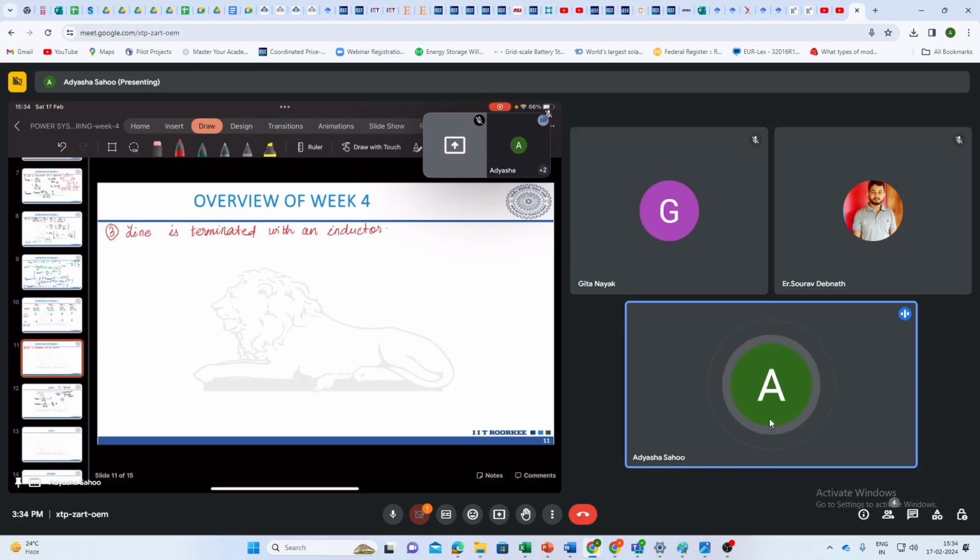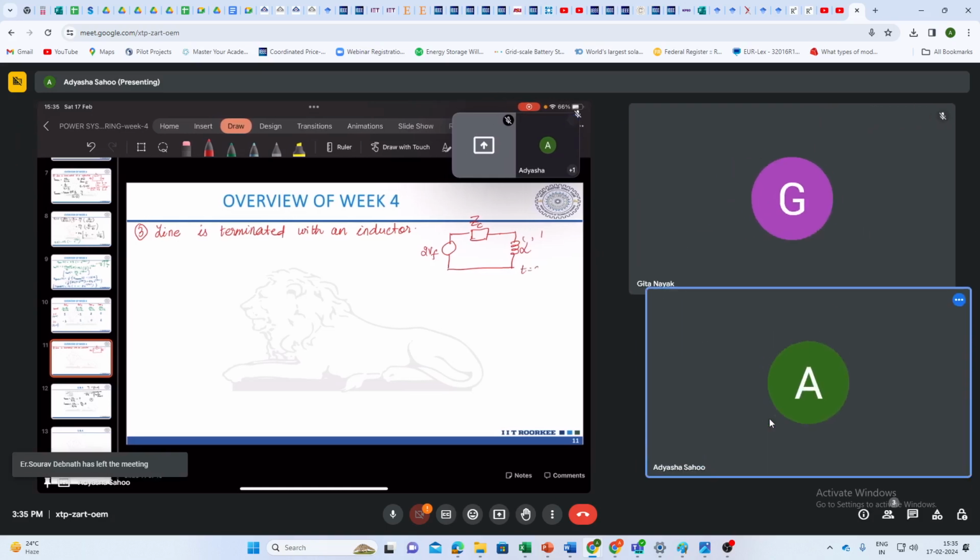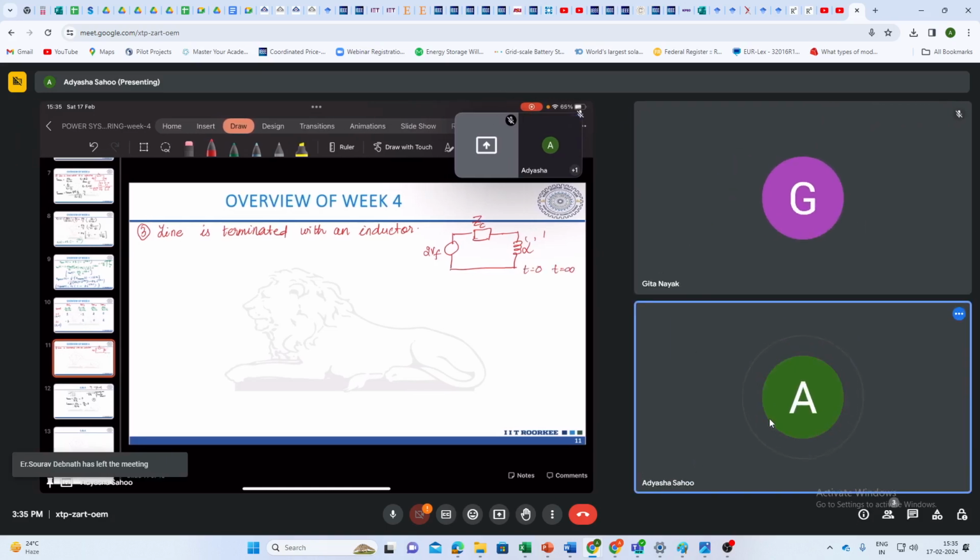So now what we have is similarly 2V_F, the line with characteristic impedance Z_C, but now it is terminated with an inductor of inductance L. For an inductor we know at t equal to 0 it will behave as an open circuit, and at the steady state it will be acting as a short circuit.